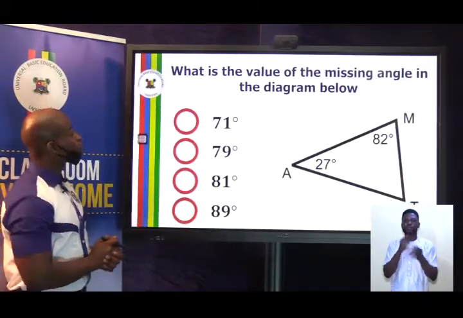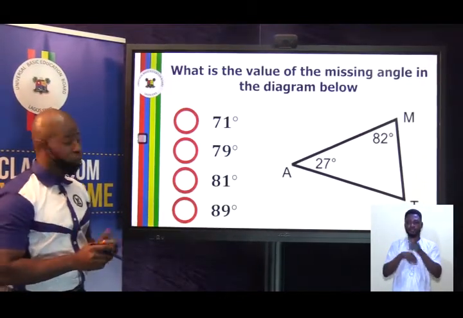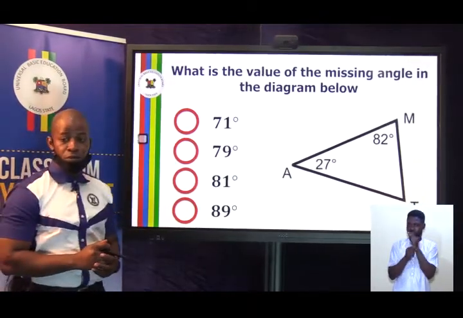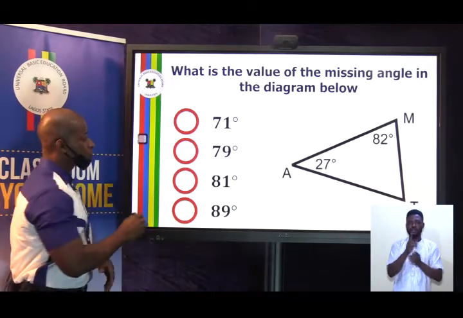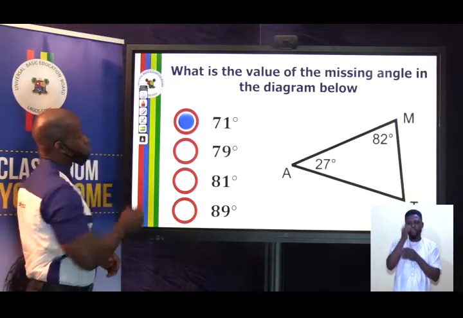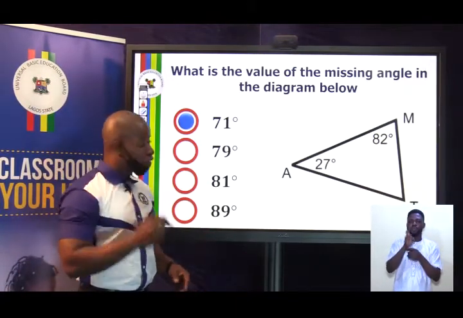Now this one. What is the value of the missing angle in the diagram below? I give you 10 seconds to quickly work this out, and then I'll tell you the answer. Now, the correct answer to this is 71 degrees. And this is because all the angles in a triangle must add up to 180 degrees.